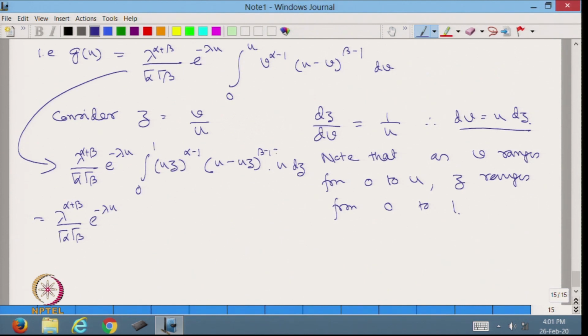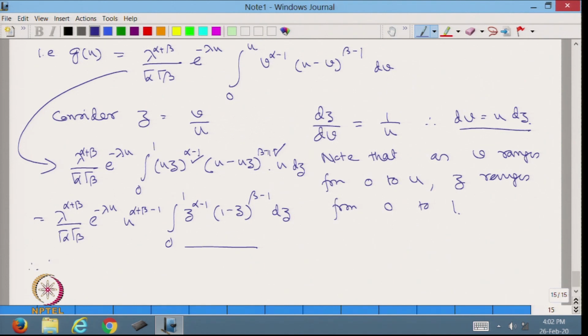Now, the power of u is alpha minus 1 plus beta minus 1 plus 1. Therefore, we take out u to the power alpha plus beta minus 1, integration 0 to 1 of z to the power alpha minus 1 into (1 minus z) to the power beta minus 1 dz. This quantity, as we can understand, is going to be beta of alpha, beta.